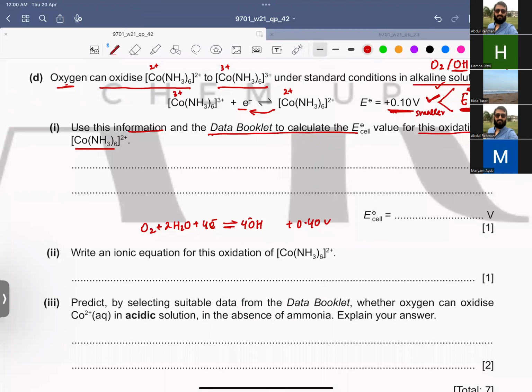The formula for finding the E naught cell would be E value of the half cell where the reduction is taking place minus E of the half cell where the oxidation is taking place. So here the reduction is taking place, here the oxidation is taking place. So 0.40 minus 0.10 volt. So positive 0.30 volt. Is this understandable to everyone?